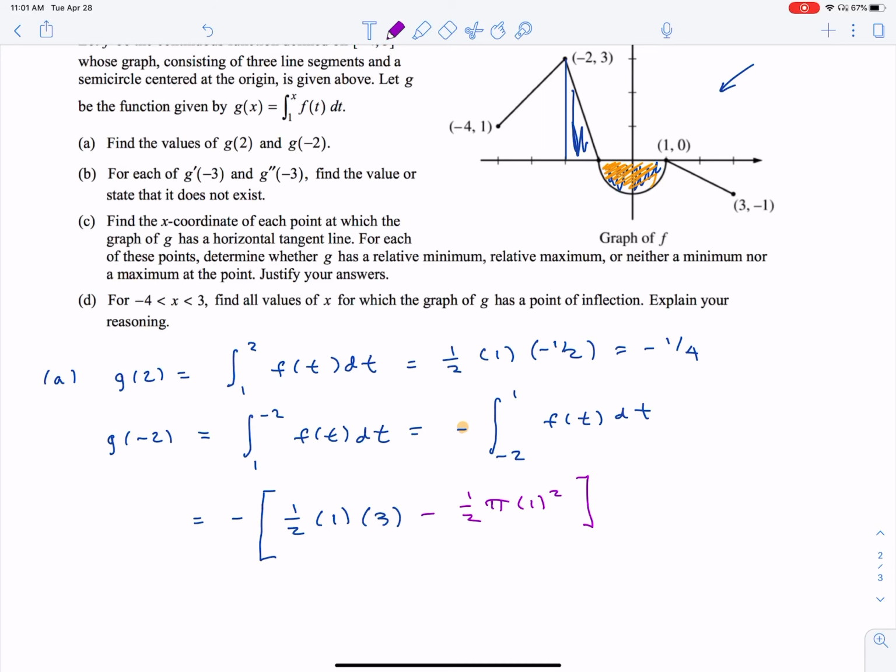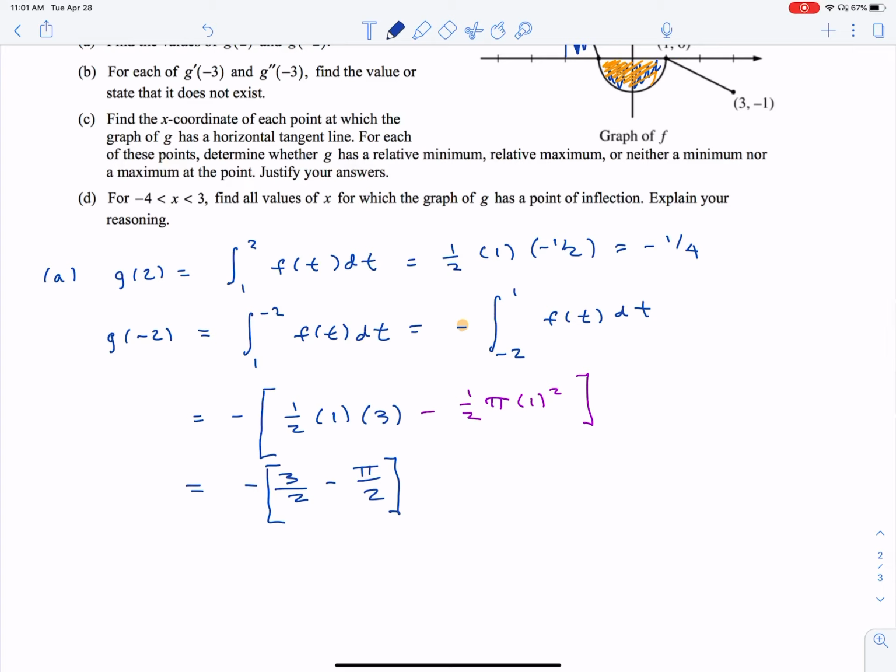So from here, simplifying this, we get negative 3/2 minus, looks like pi over 2. I didn't mean to pull that negative in yet. So this gives us negative 3/2 plus pi over 2. So that is letter A.